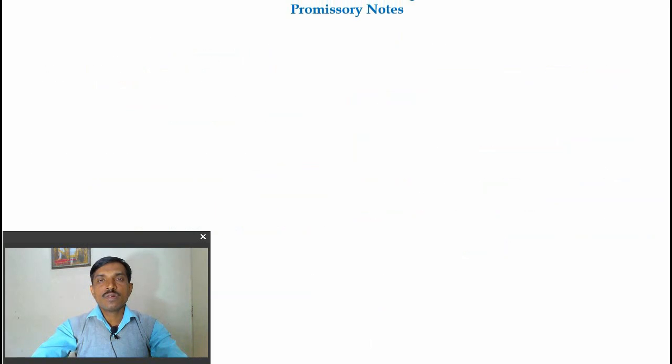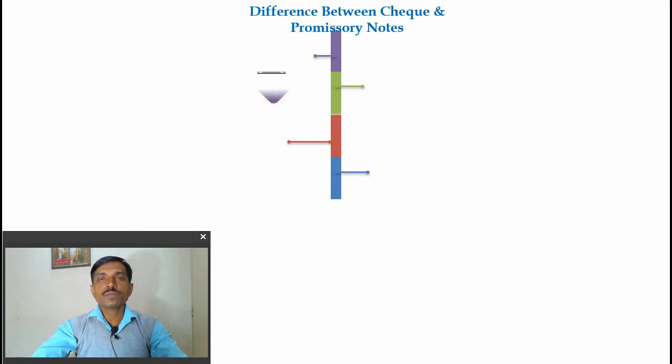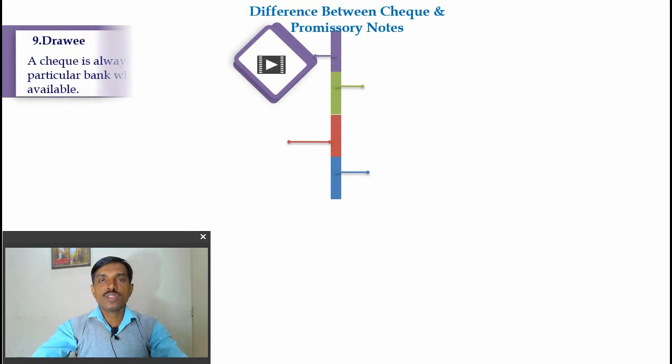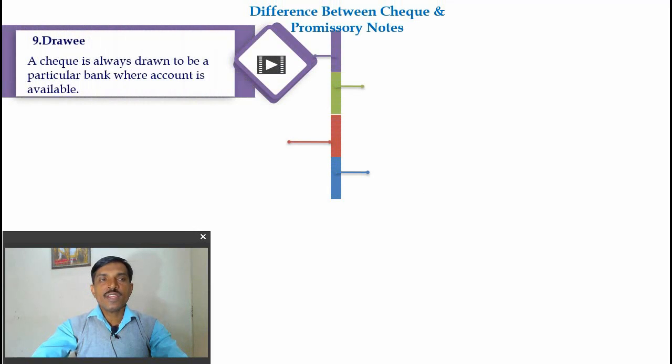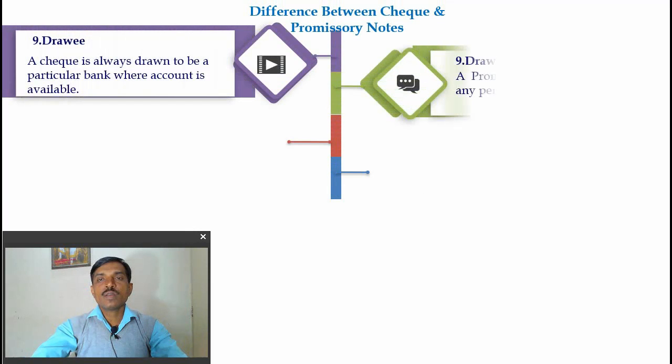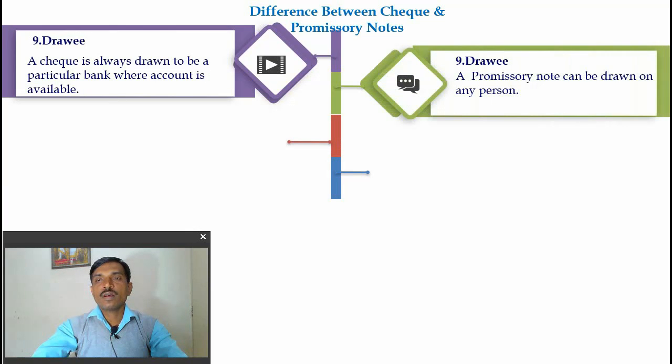The next is the distinction between the check and the promissory note. First is the drawing. A check is always drawn on a particular bank where the customer's account is available. In the case of the promissory note, it can be drawn on any person.